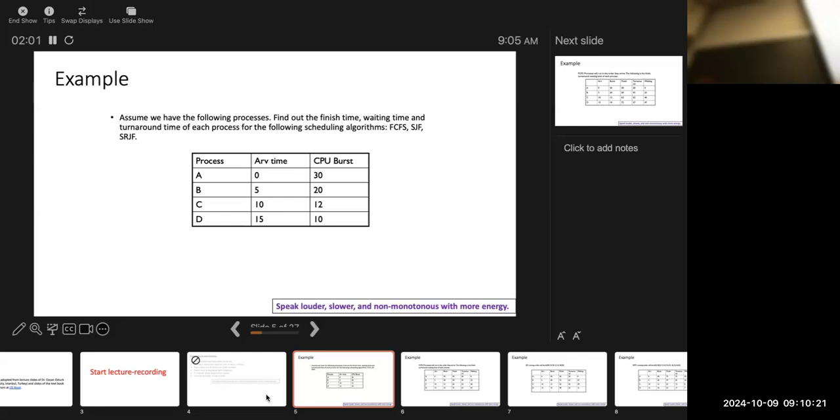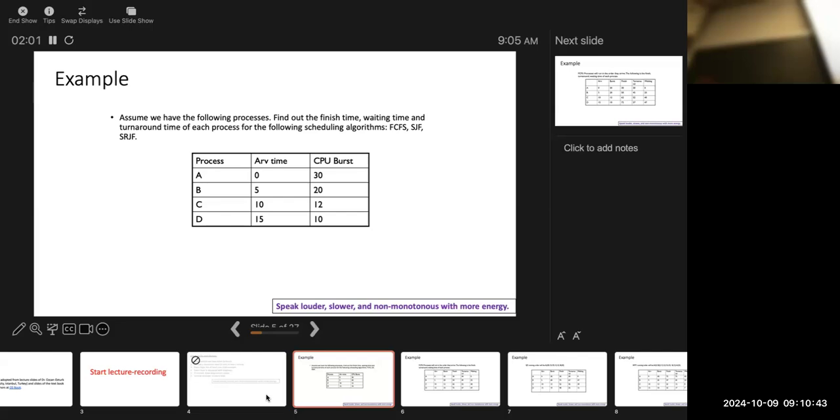After that we are left with only one ready process, which is D, and it has execution time of 10, so it is 72, right?